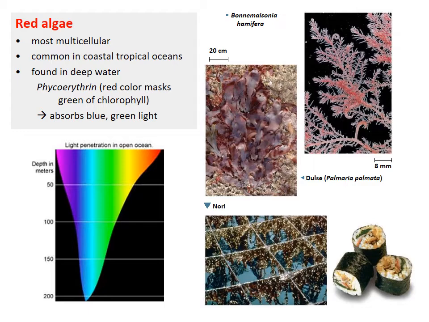All right. Red algae photosynthesize, so they have chlorophyll. It's not that they don't have chlorophyll. They do. But they also have another pigment in them. It's something called phycoerythrin. Erythrin means red. Erythrocytes, for example, are red blood cells. Phycoerythrin has a red color.